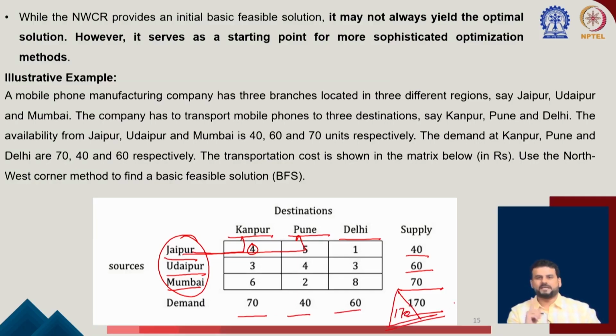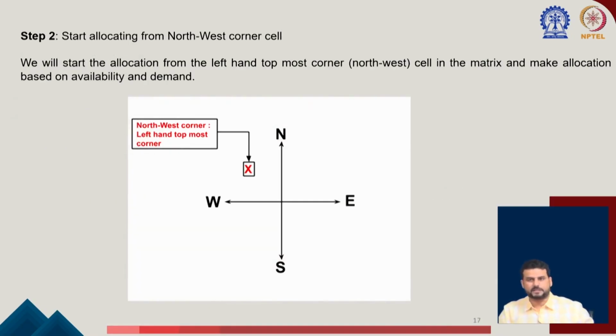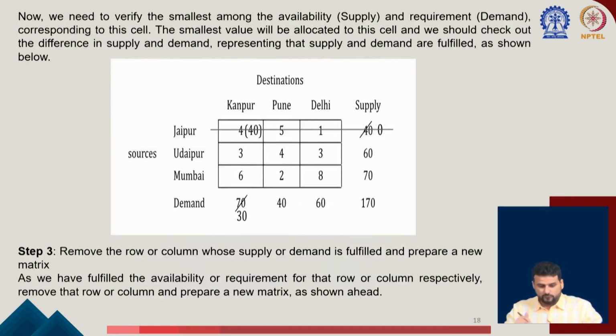So the first step is to check whether the problem is balanced or not. Here you can see our problem is balanced. So now we can go for finding the initial basic feasible solution. This first step is checked, now we can go for it. Northwest corner, this is the northwest corner. So let's go for this.